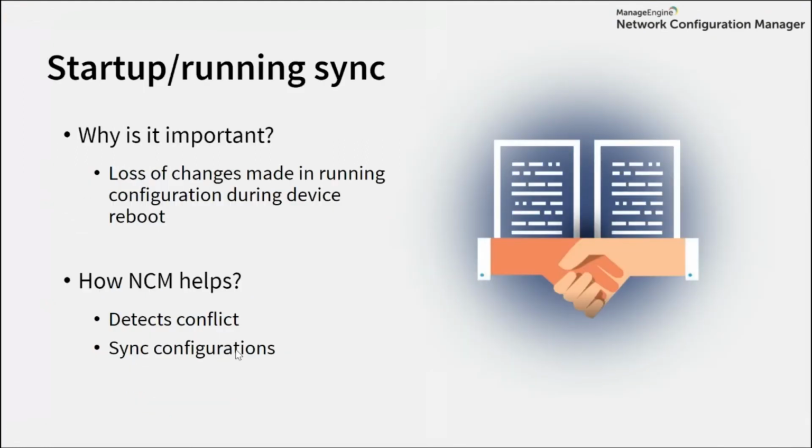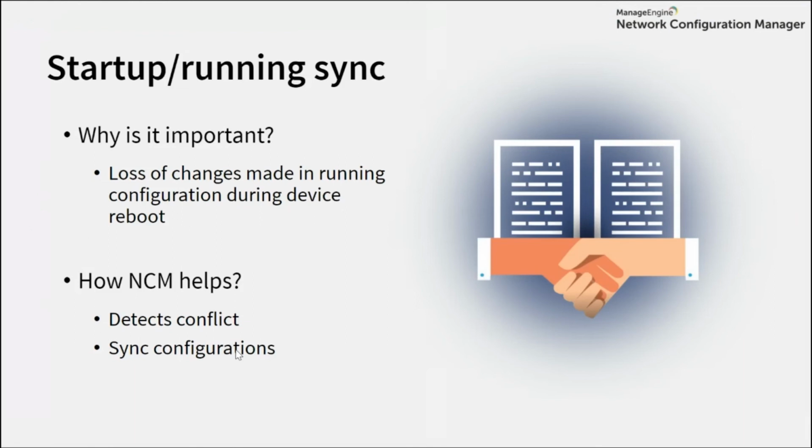Another way to quickly restore your network after a disaster, or to prevent a disaster itself, is to ensure that the startup and running configurations of every device in your network are in sync. All the changes that you make in a device configuration are made to the running configuration, which is in the volatile memory of the device.